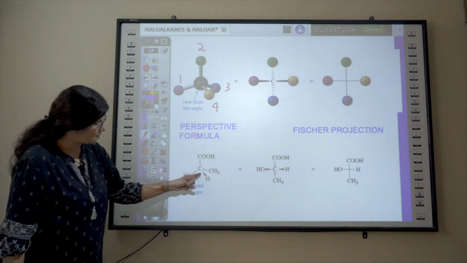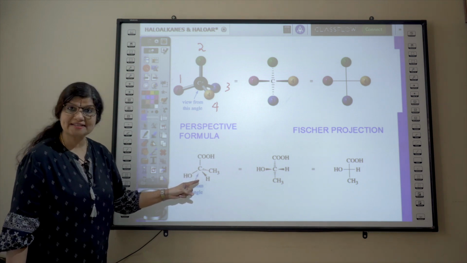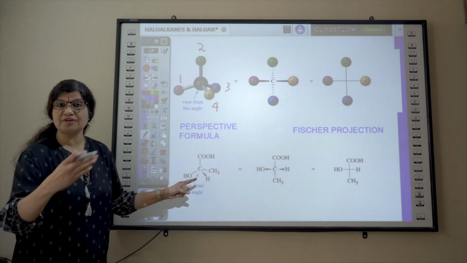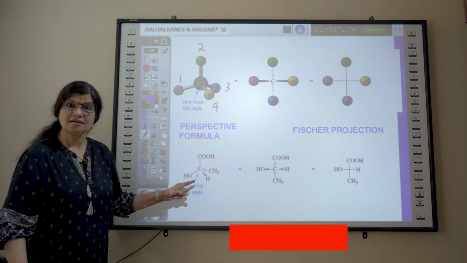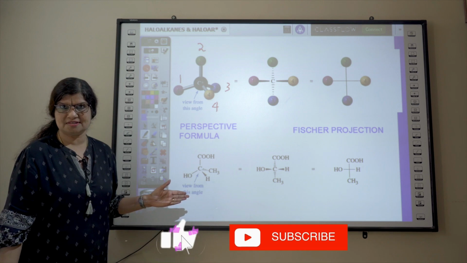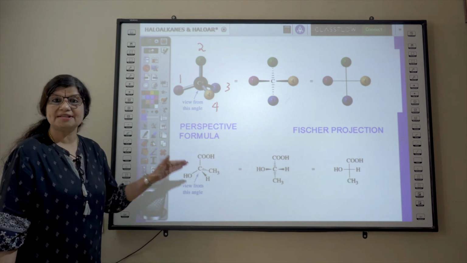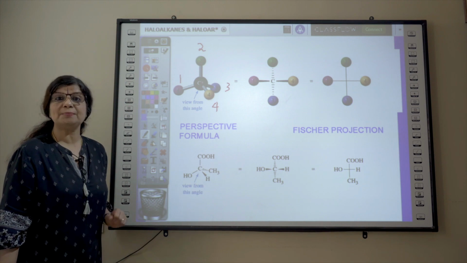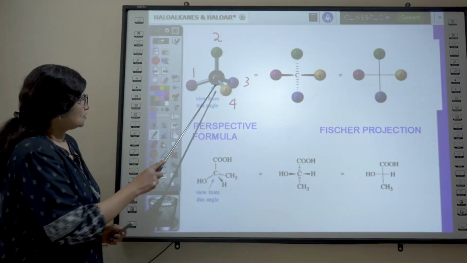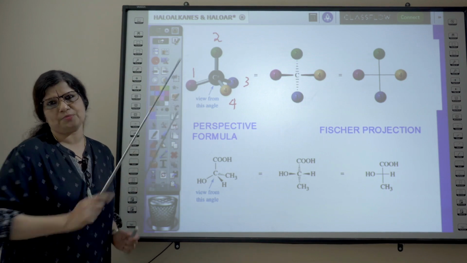The H is bonded to carbon by a wedge. What does that mean? H is projected in front of the board, in front of the paper or the two-dimensional surface. Whereas CH3 is behind the surface, represented by a dash. So this is referred to as a wedge dash formula or the perspective formula. So this is an example of the perspective formula or the wedge dash formula.